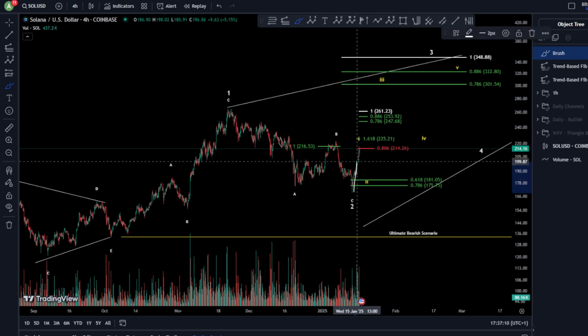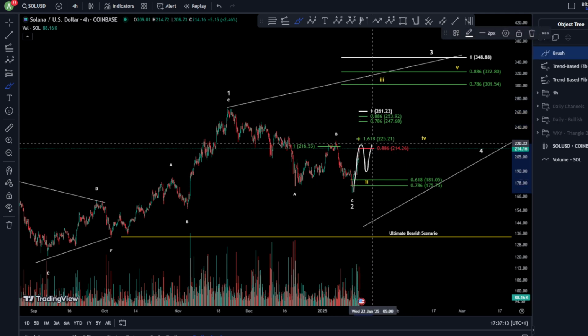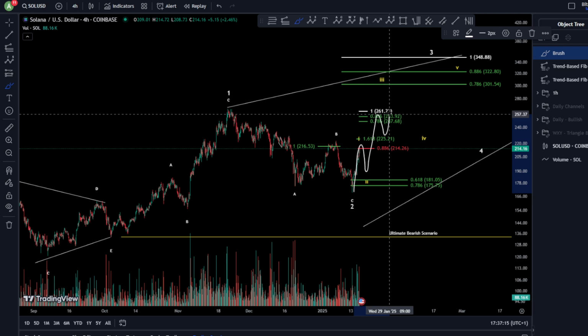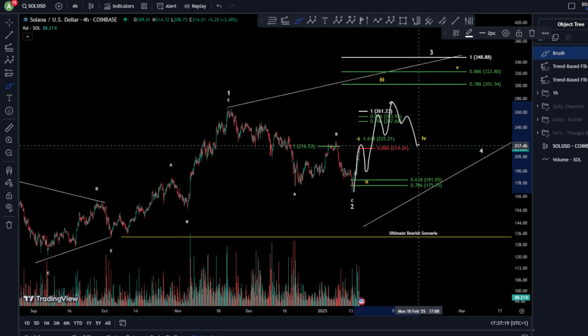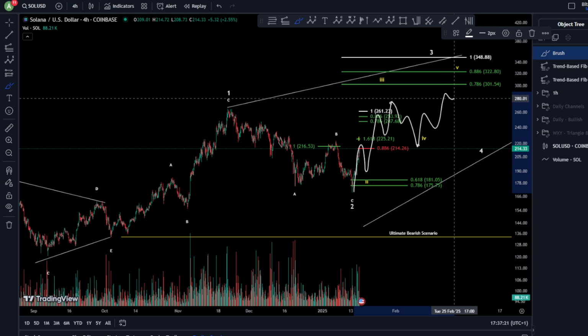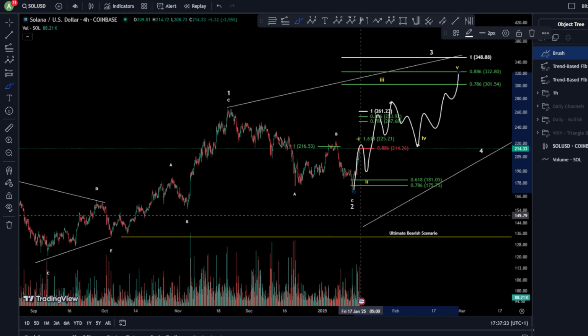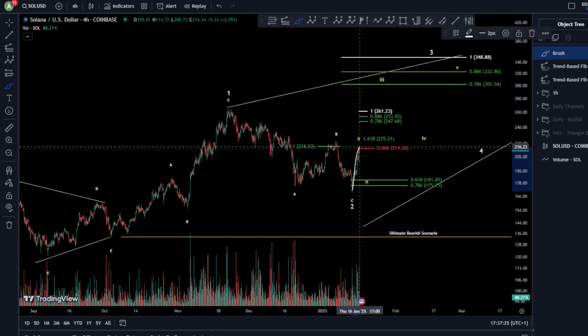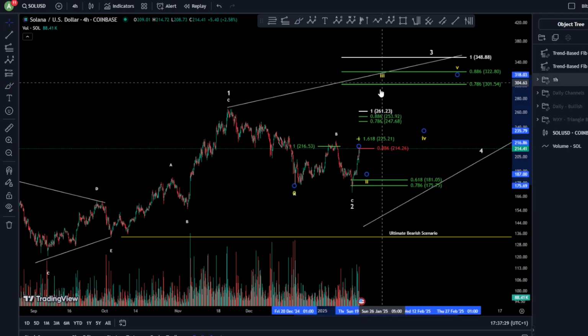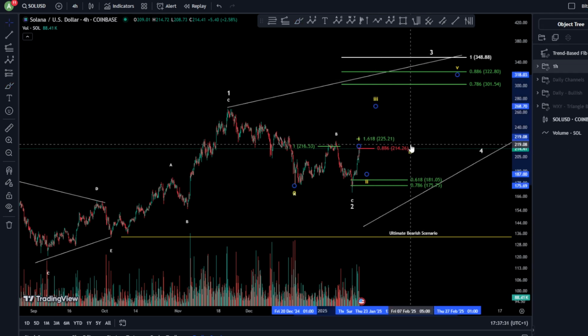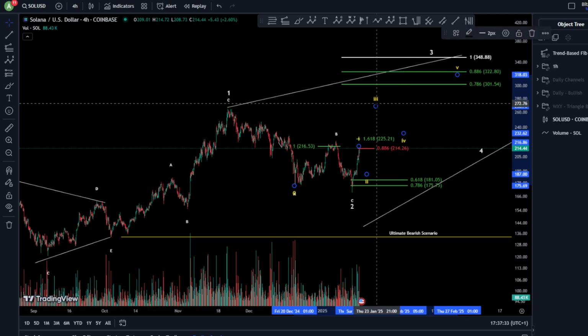And therefore we start to think, okay, maybe it should be a 1, 2, 3, 4, and a 5, finishing a wave A, and then A, B, C, and then again 1, 2, 3, 4, 5. Meaning I would prefer to stick with a big wave 1, 2, 3, 4, and a 5, of course for a bigger wave A, right?